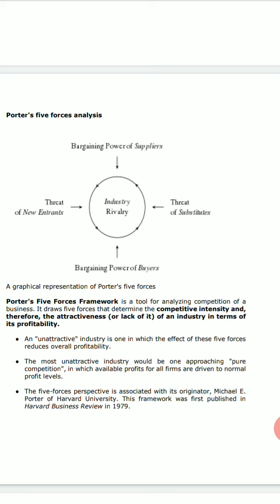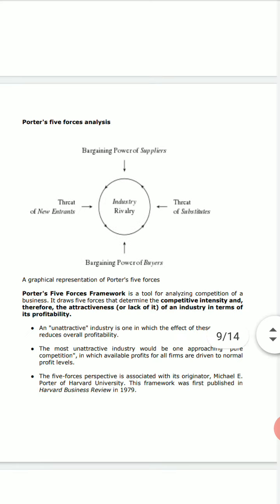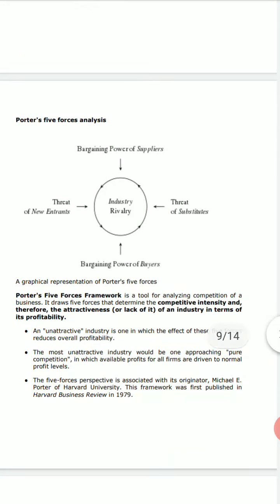is that analysis of these 5 forces may help the unit or the firm to have more competitive strategies. They can frame more valid and vital strategies, so that they can fight these external 5 factors, which are external but micro in nature.